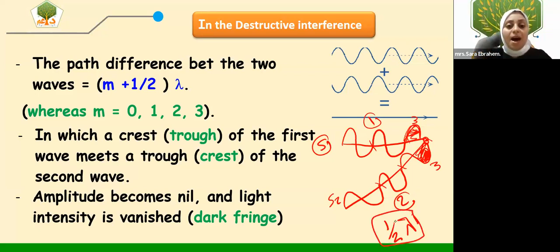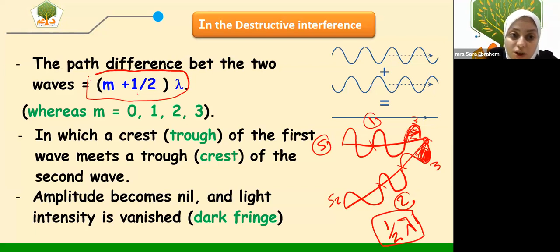That's the path difference. So in destructive interference the path difference is calculated by m plus half wavelengths. There is always a half.